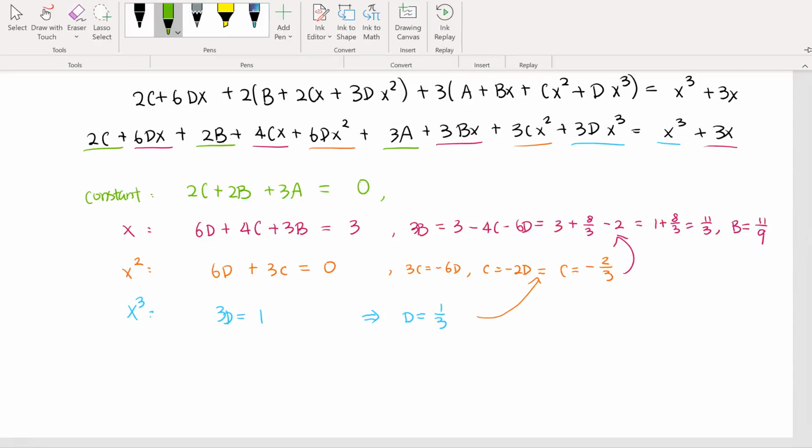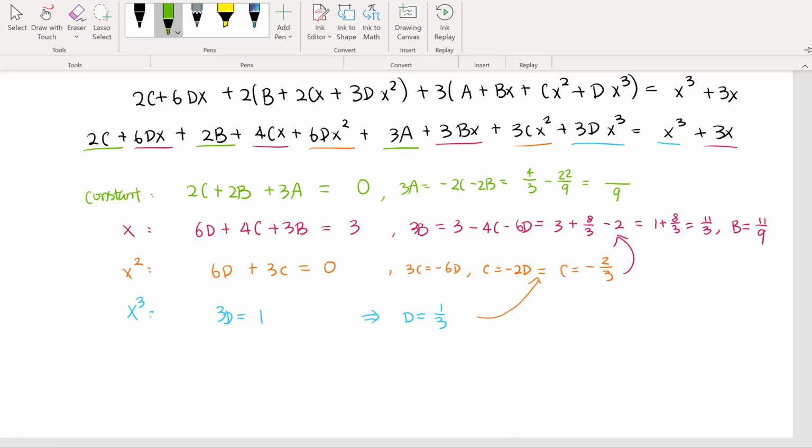So we are looking for a. 3a is minus 2c minus 2b. Minus 2c becomes positive 4 over 3, and 2b is 22 over 9. So we take the common denominator, which is 9.